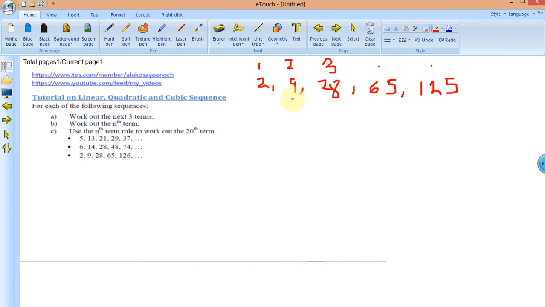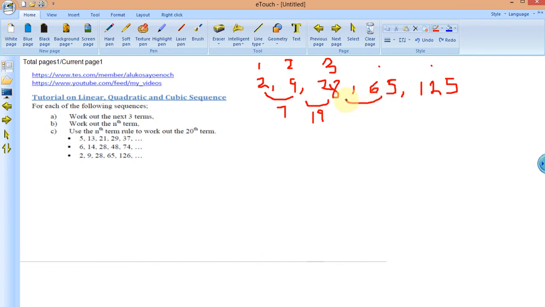Don't forget, okay? So 9 minus 2 is 7. I'm just lazy. 28 minus 9, that is 19. Wow, this is definitely not a linear sequence because the first difference is not a constant.